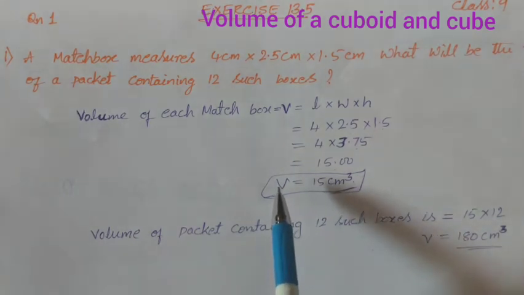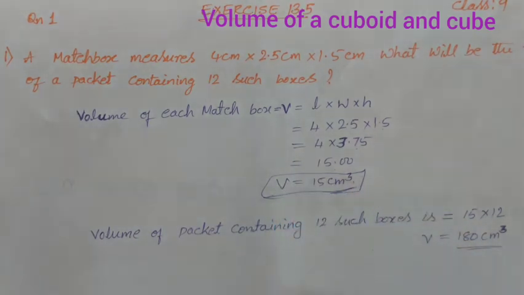Each box's volume is 15 centimeter cube. Therefore, the volume of the packet containing 12 such boxes is 15 into 12, that is 180 centimeter cube. In this way we can find the volume of a cuboid and cube.